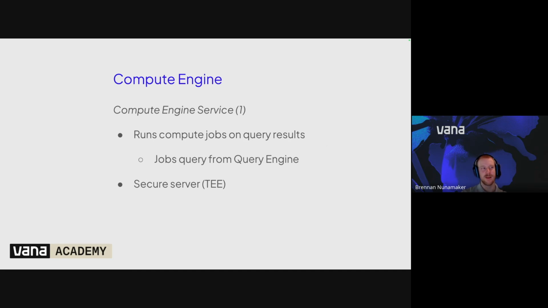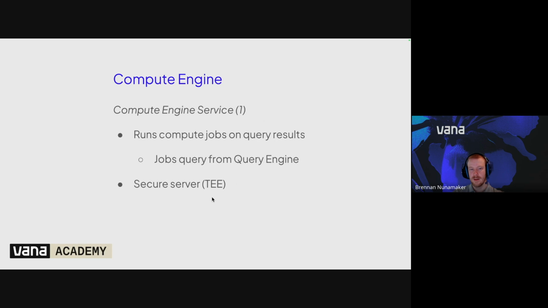That could be, as I said, anything from just a JSON file that they want to download that is derived from these query results, to statistical CSVs, to, I don't know, AI training models.